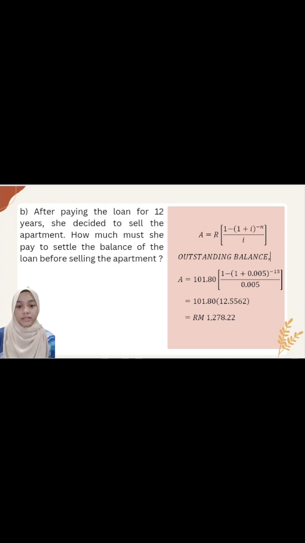The outstanding balance is A equals 101.80 times 1 minus (1 plus 0.005) to the power of negative 156, divided by 0.005, equals 101.80 times 12.5562. So A equals RM1278.22.